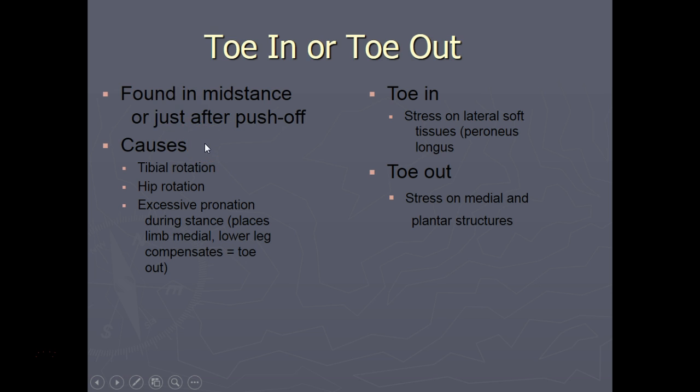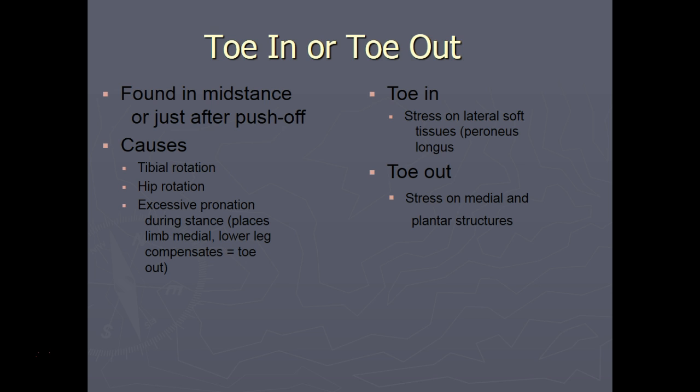What are some of the causes? There are many different causes. I would honestly say that it's been linked to tight hip muscles. So tight either hip internal or external rotators, but you can also have it be linked to just tibial rotation that's occurring. So whether or not a muscle is super tight and driving tibial rotation internally, or you have something like, let's say, biceps femoris, maybe driving tibial rotation externally.